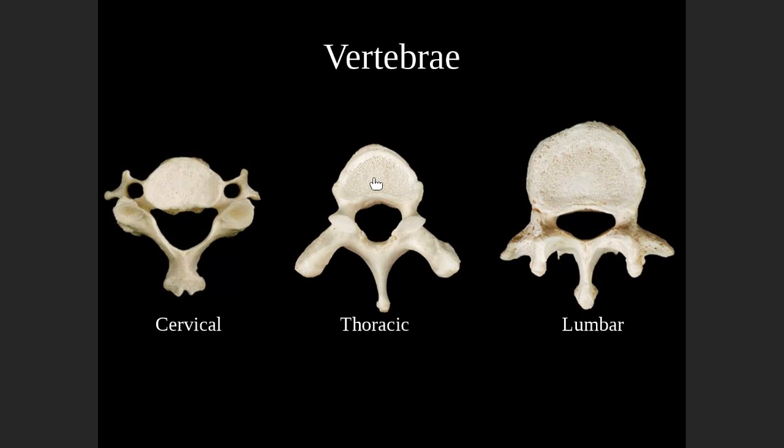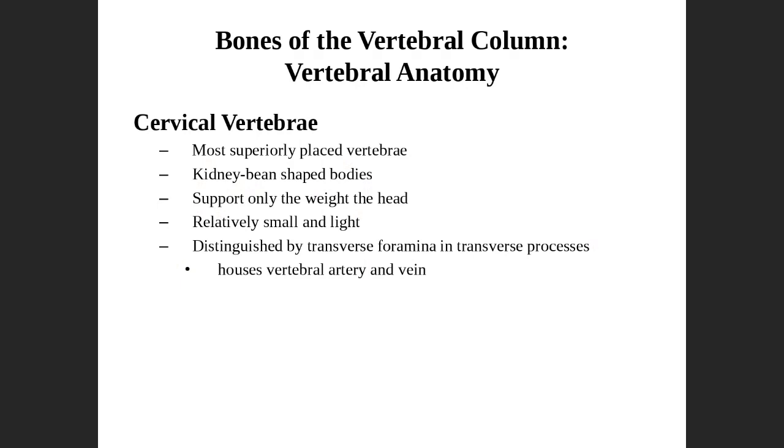Cervical spine, not too bad. Thoracic's a little bit bigger, but look how big the lumbar is. It's huge. And the lumbar has a short, stubby spinous process. Believe it or not, you can't tell, but the thoracic one is really long. So study some of the characteristics of these vertebrae and make sure that you are familiar with them.